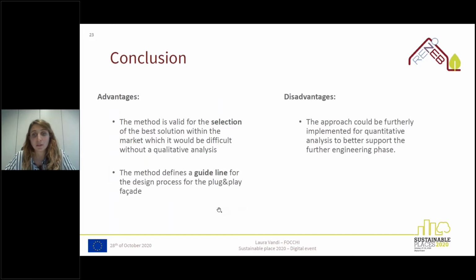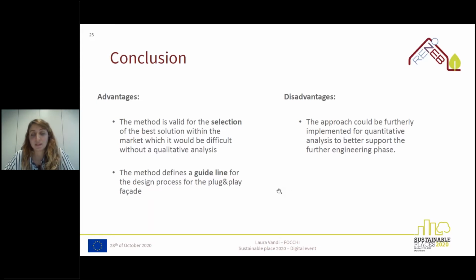The conclusion of the methodology that we have discussed today is that for us the methodology represents a valid solution in order to select the most promising product that you can find in the market. And the method defined a guideline for the designing process.